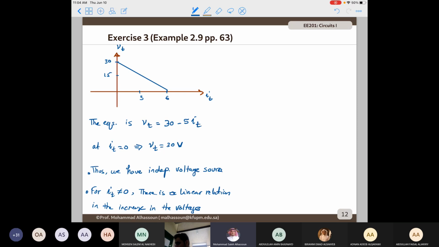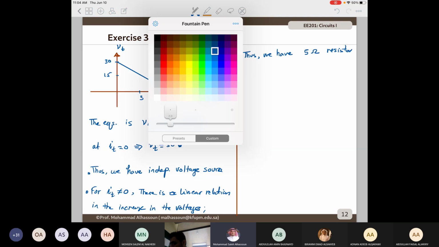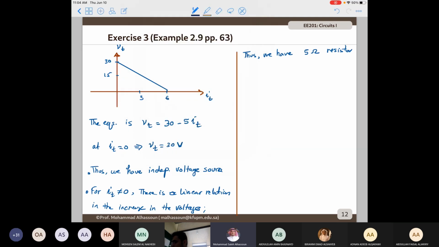Therefore, we have a 5 ohm resistor. So if we want to construct a circuit model for this one, this is a device that we have.